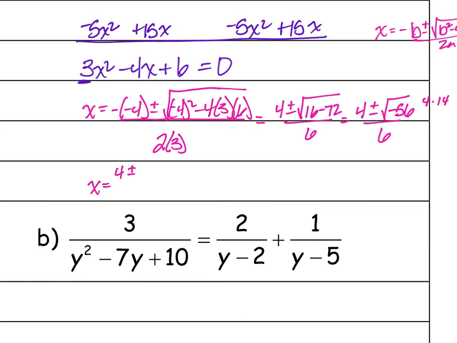The square root of 4 is 2. The square root of a negative is i. Square root of 14, divided by 6. And then 4, 2, and 6 can be divided by 2. So it'd be 2 plus or minus i square root 14, divided by 3. Ugly, ugly, ugly answer. But that's it.